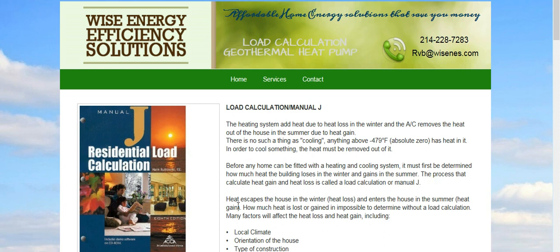Now, how much heat is leaving your house in the winter and entering your house in the summer? You don't know until you have a load calculation.